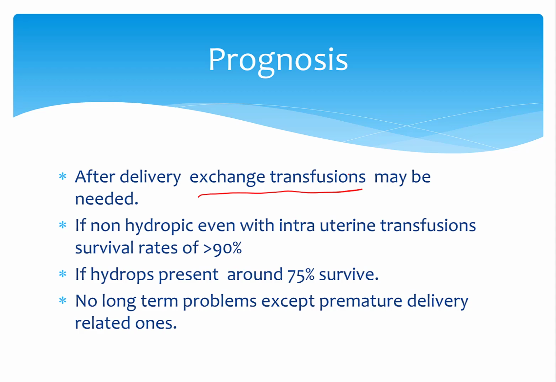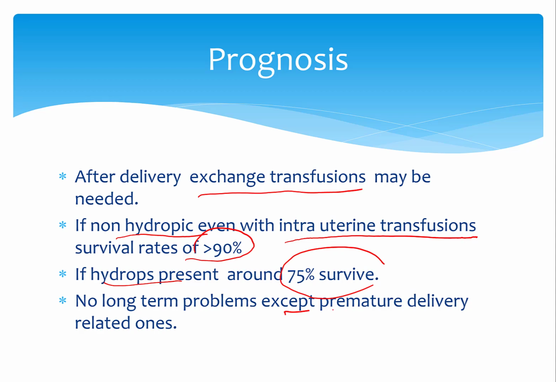If the fetus is non-hydropic, with fetal intrauterine transfusion, if the fetus is very premature and unable to deliver, we can give transfusions in utero. The survivals are in the range of 90%, so a very high rate of survival. Even with hydrops, if we deliver, about 75% will survive.